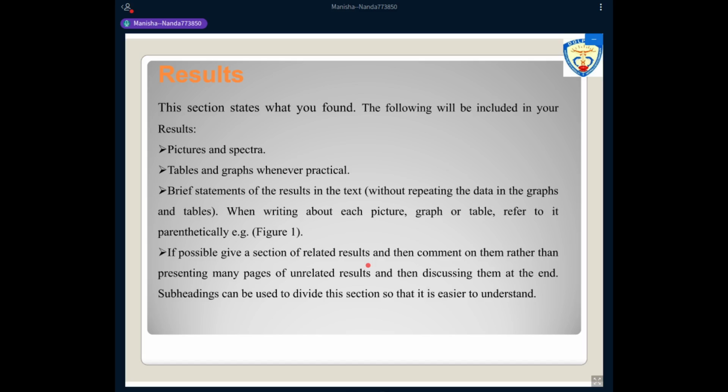You should clearly mention your results of that particular section there itself, and not summarize or gather all the results at the end. So make precise sections according to the methodology and mention the major results there itself.